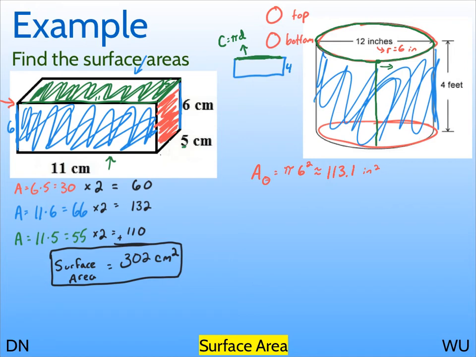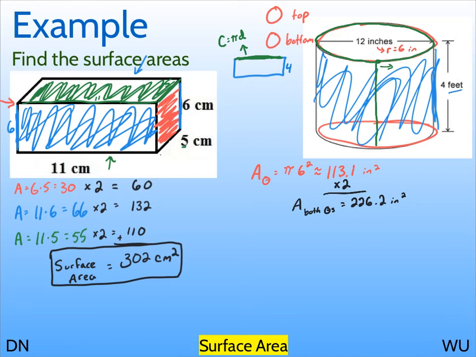Now, remember, there's 2 of those, so the total area of both circles is going to be 226.2 square inches.